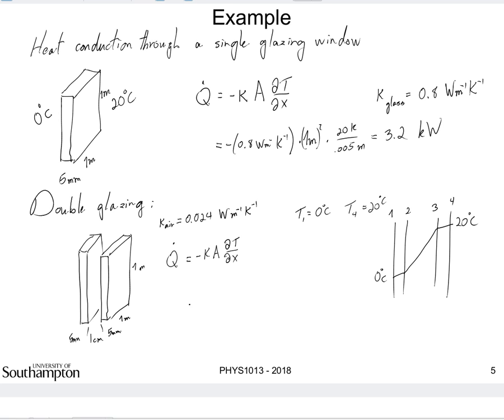But then we're going to be able to say that it's equal to minus kappa from 1 to 2 times the area times the variation in temperature from 1 to 2 divided by the thickness from 1 to 2, which is also equal to minus kappa from 2 to 3 times the area times temperature difference between 2 and 3 over the distance between 2 and 3, which is also equal to between 3 and 4.